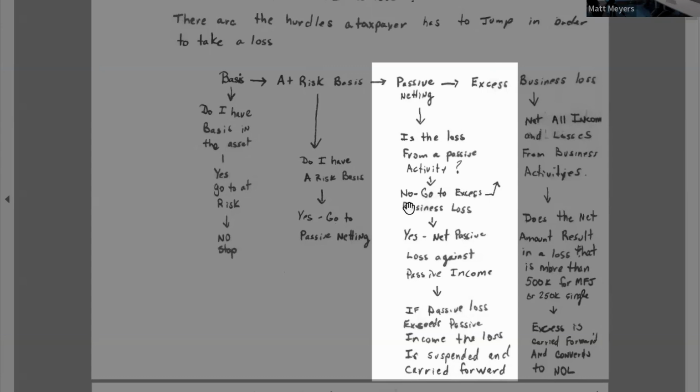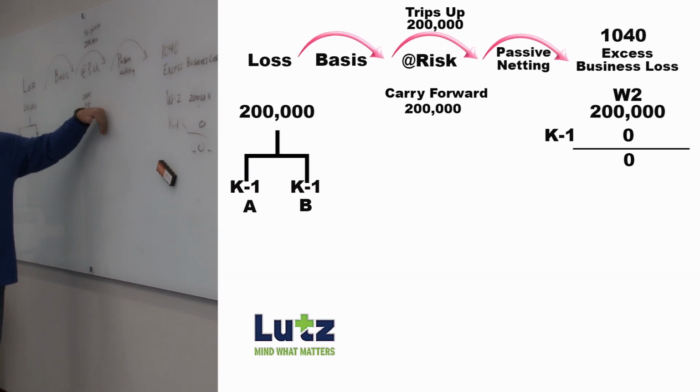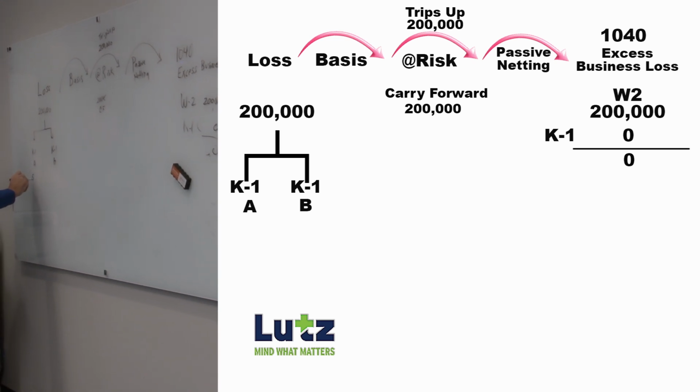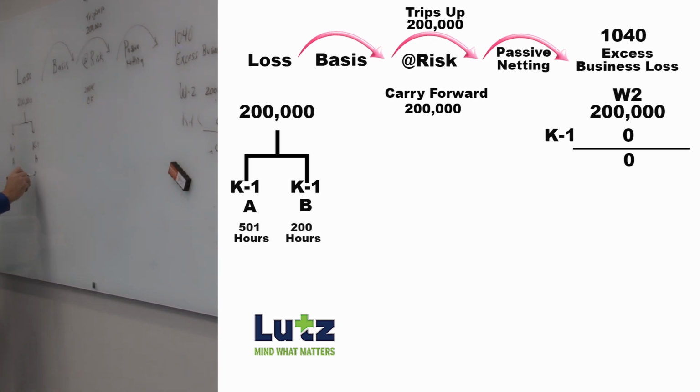So let's talk about this loss for a second. This assumes that you've jumped hurdle 1 and you've jumped hurdle 2. Okay? I'm going to say you have a K1 from business A and a K1 from business B, and each of them have a $200,000 loss.